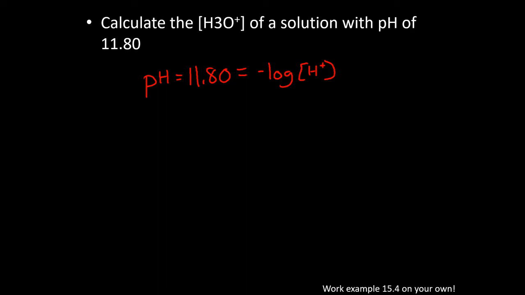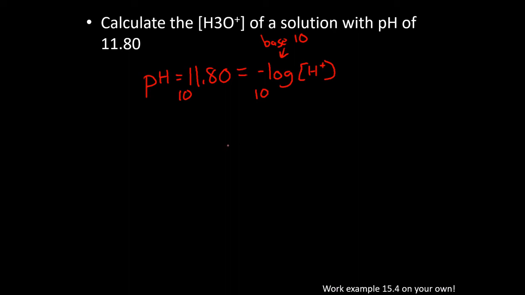We need to raise 10 to both sides, because we need to get rid of this log. And to get rid of a log, you do an anti-log, which means you're going to have both sides be the exponent for the base of the log. So because this is log base 10, that means that we're going to raise 10 to both sides.